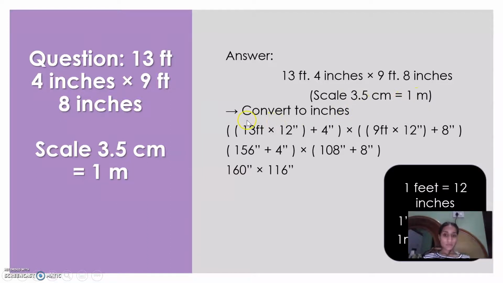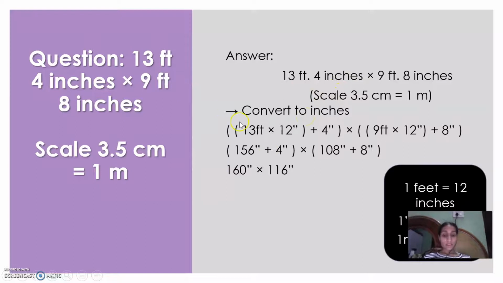First of all, we'll convert it into inches. As we know, 1 foot is equal to 12 inches, so we'll multiply the feet by 12 to have inches as the last measurement.